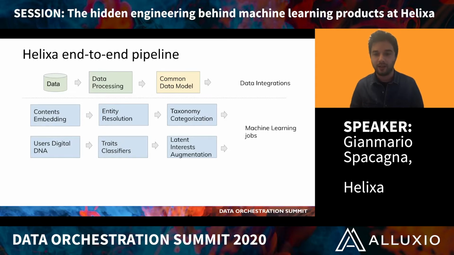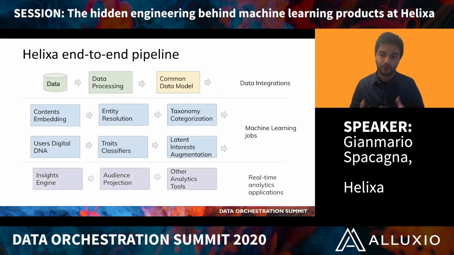The entities are then categorized in one of our taxonomies, and then the interaction between users and entities is used for creating the digital DNA, a representation of the users that is used for predicting missing traits, as well as for augmenting latent interests. The output of those machine learning jobs is then used for powering the real-time analytics applications.